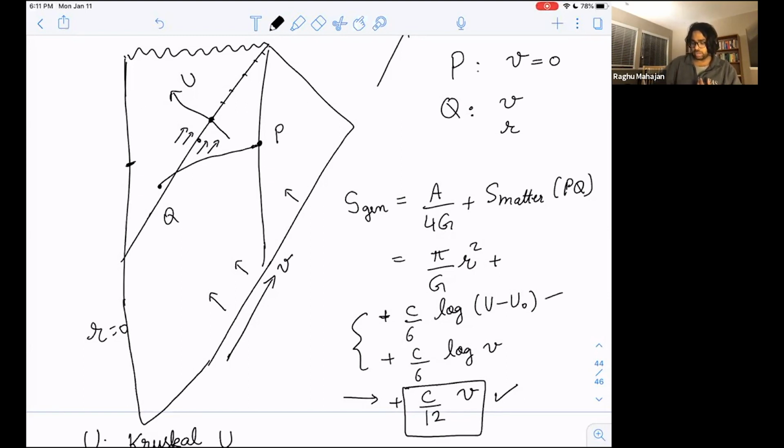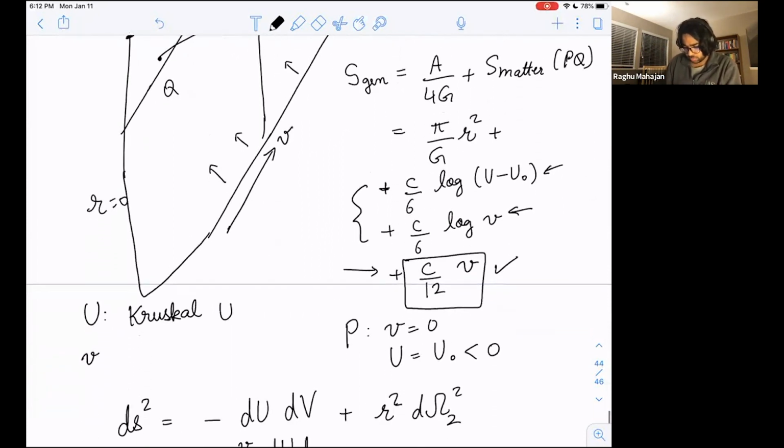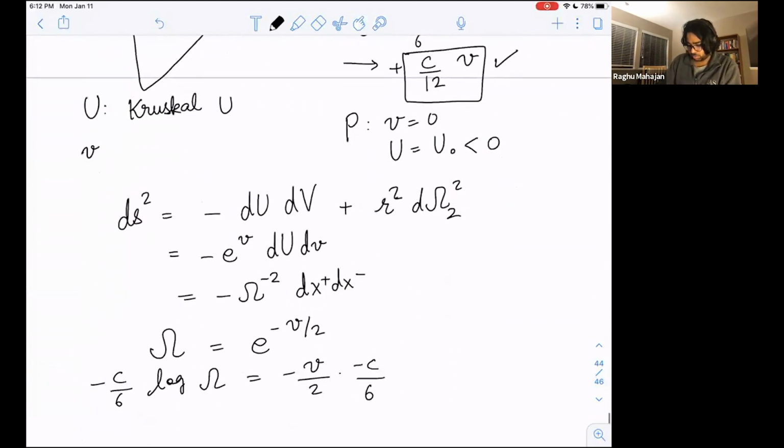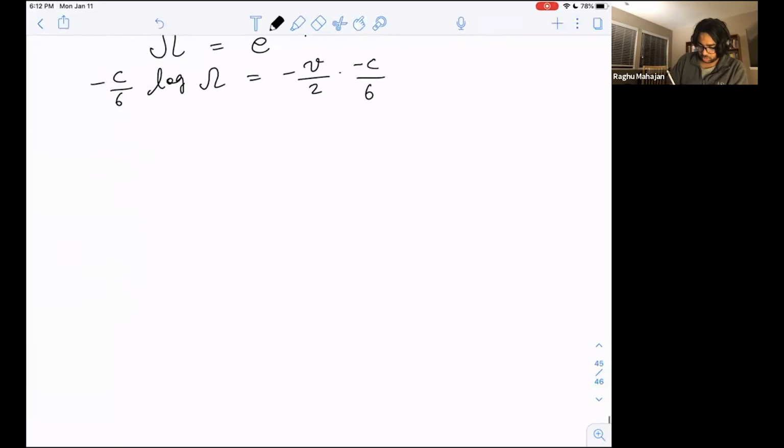And then you naturally just explain this u minus u naught, this logarithm here. Just log of delta x plus and log of delta x minus. It's a bit subtle and it's a bit qualitative, and I apologize, but this is correct, and it will give us the locations of the quantum extremal surface. So let me write that functional again here.